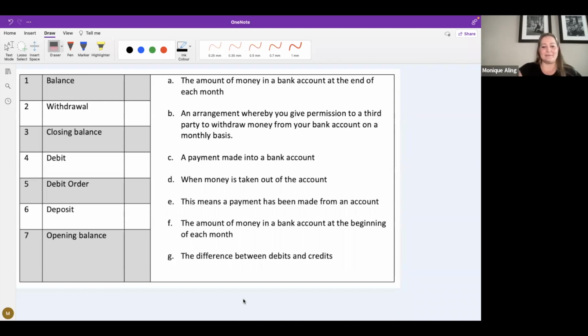C and E. Okay, debits. I can understand the confusion because the other definition, well, the word is very similar. Okay, so debit, let's see who got that right. It is Siwa, well done. E, this means a payment has been made from an account. Good.